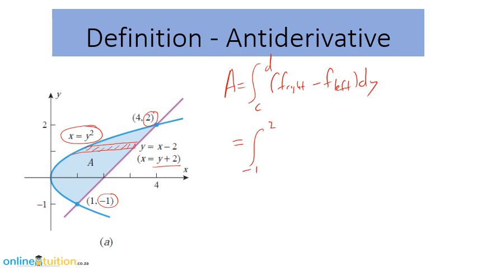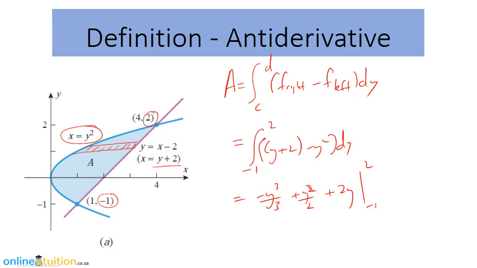The right function is y plus 2, minus the left function, y squared, big bracket on the outside, dy. Integrate this: y plus 2 minus y squared. I'll write it as minus y cubed over 3. The integral of y is y squared over 2, and the integral of 2 is 2y, running from minus 1 to 2.